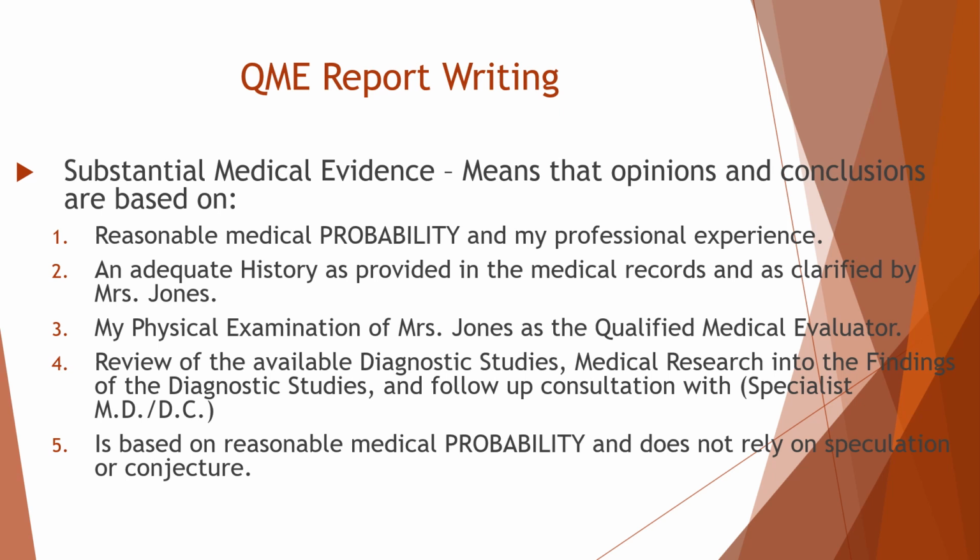Now, this is one of the summary statements of the Escobedo case, which stated that substantial medical evidence has to be based upon an adequate history and an adequate physical examination. So here we are, we're breaking out the history and we're breaking out the physical examination.